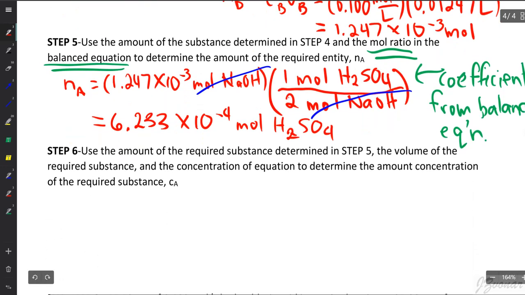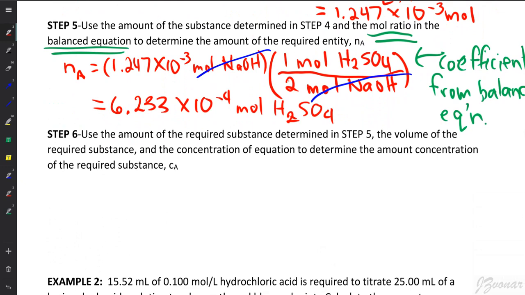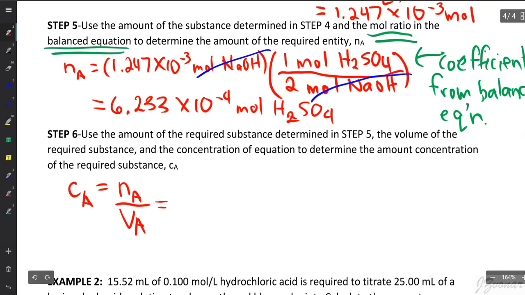Now that I've got my moles, I can calculate the concentration of my acid, because the concentration of the acid is equal to the moles of the acid, which we just calculated in step 5, divided by the volume, which is 10 milliliters. So I'm going to plug that into my equation and divide by my volume in liters.